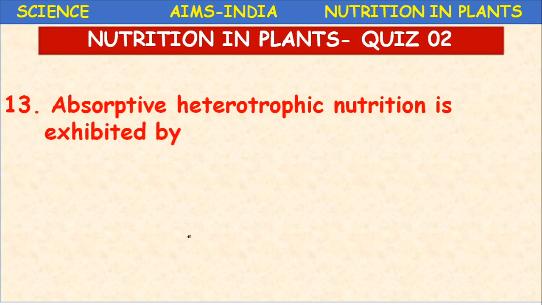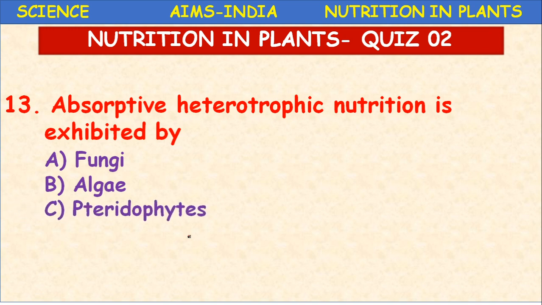Absorptive heterotrophic nutrition is exhibited by fungi, algae, pteridophytes, bryophytes. Different groups of organisms are given.